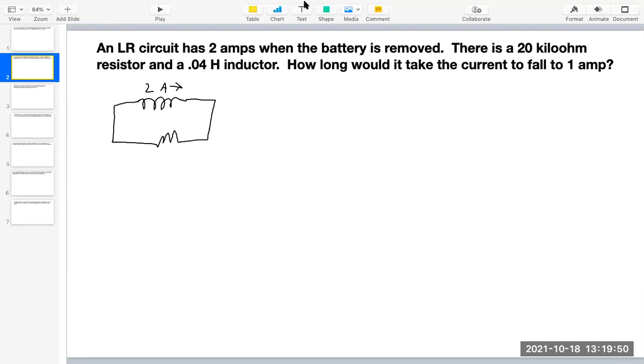So our current equals the initial current times e to the minus t divided by our time constant. So 1 amp.